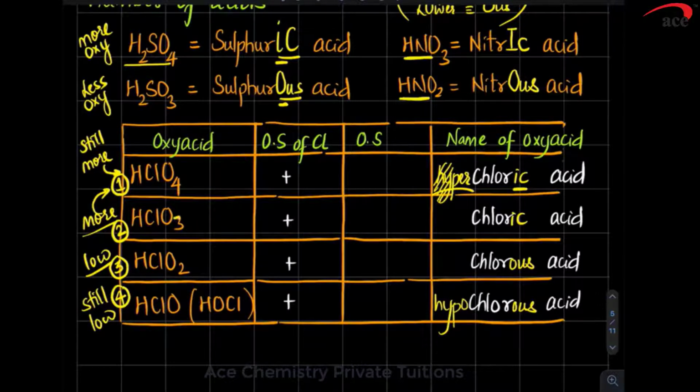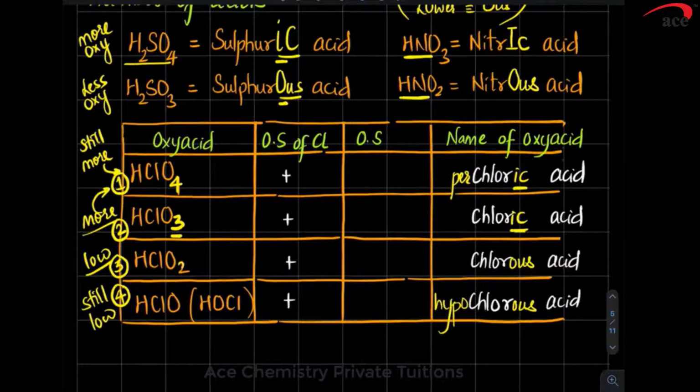So remember, it was believed in olden days 3 oxygen for a chlorine is quite a large. Therefore they wrote ic. But when they discovered acid with still more than 3 oxygen, 4, they called it hyperic. And hyper was dropped from the name, and therefore the name is perchloric acid.